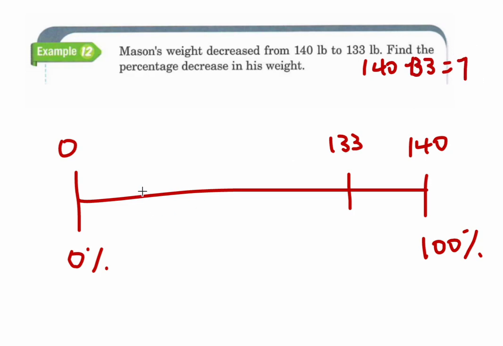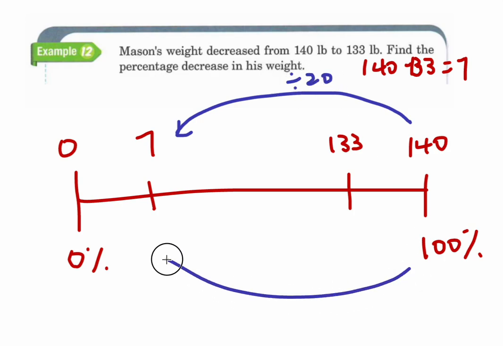And that's 7. So you can figure out 7 pounds. This is on your double number line. You can figure out, okay, well, in order to get from 140 to 7, that means I am dividing by 20. So 100 has to also divide by 20 to get to the 5%.